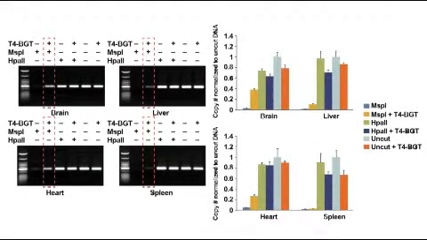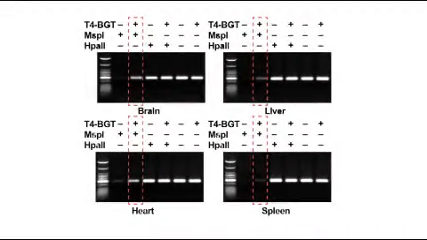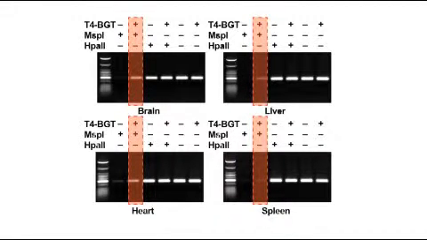A comparison of 5-hydroxymethylcytosine amounts at locus 12 was performed using endpoint PCR and real-time PCR. 4 different mouse Balb-C tissue samples were analyzed, including brain, liver, heart, and spleen. The variation in 5-hydroxymethylcytosine is apparent in the boxed gel lane of the endpoint PCR samples.